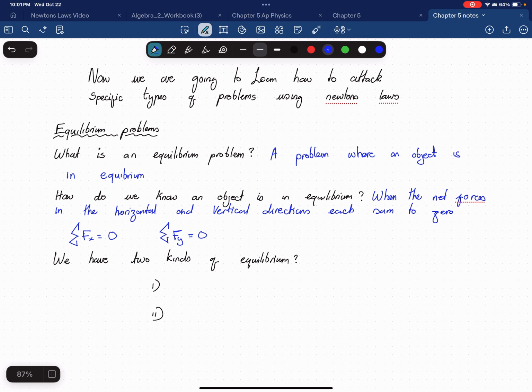And also, because the force is 0 in the x and y direction, it also means our object is not accelerating in either direction.